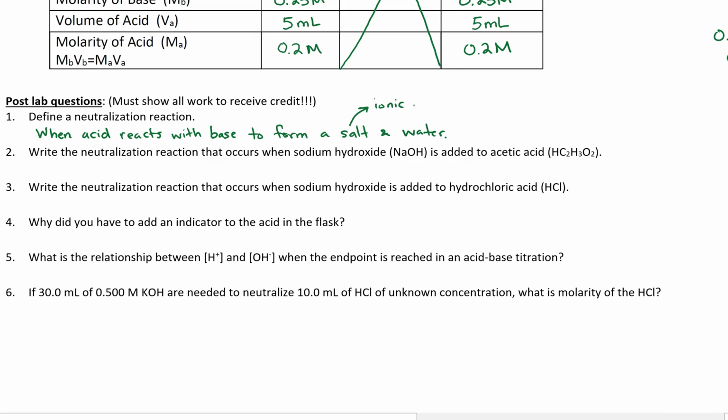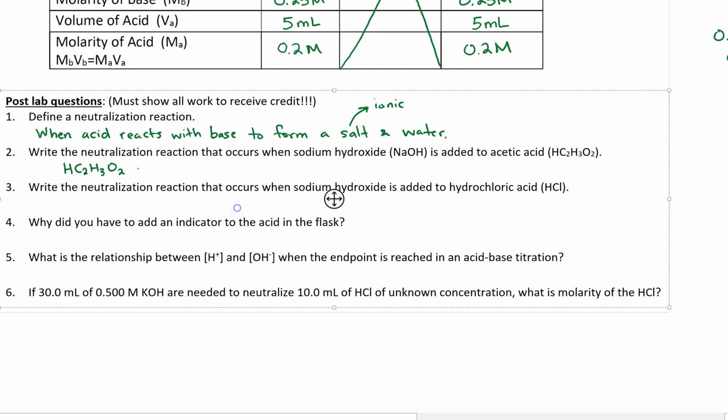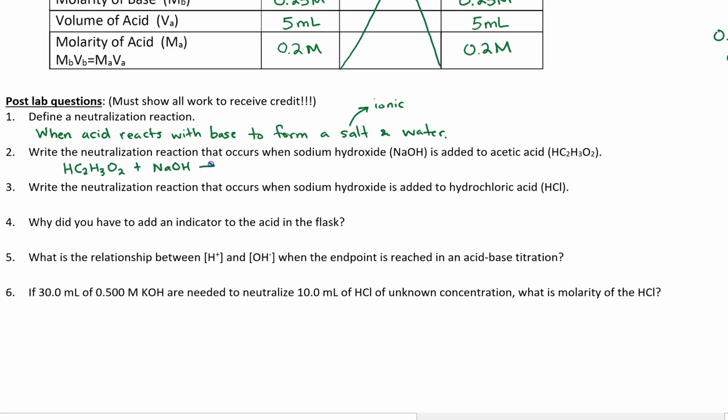Number 2, write the neutralization reaction that occurs when sodium hydroxide is added to acetic acid. So to follow the format of acid reacts with base, I'm going to write the acid first. So HC2H3O2, that's acetic acid, reacts with sodium hydroxide. I'm simply switching my cations. So sodium is now paired up with C2H3O2, and then we have HOH.